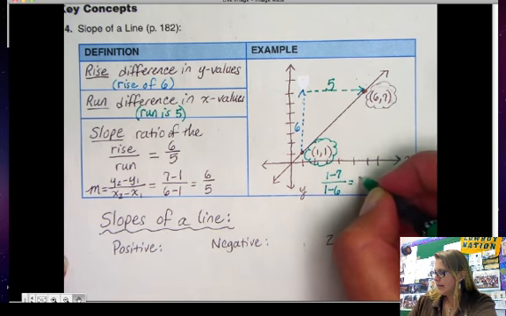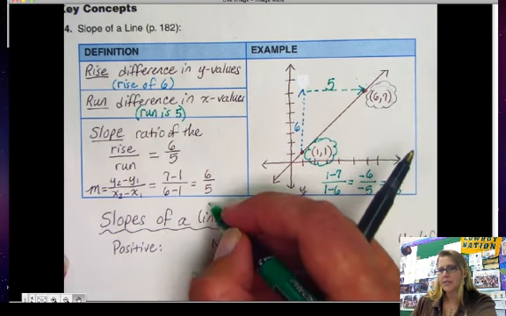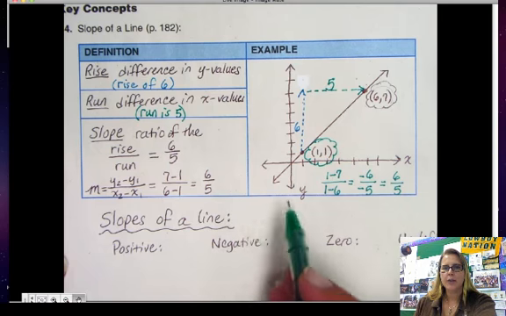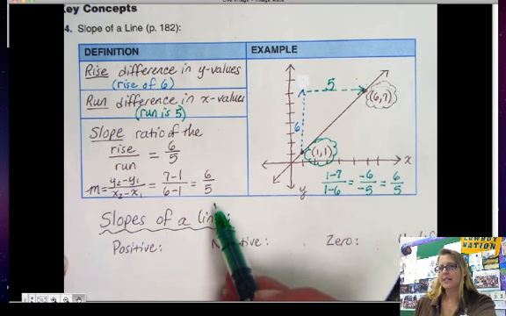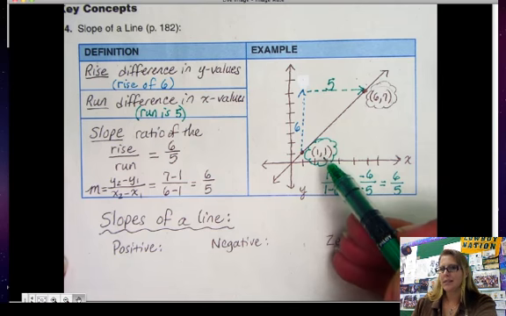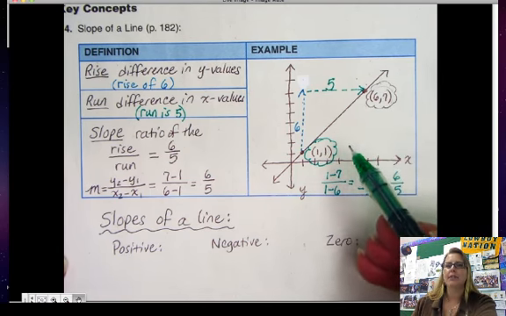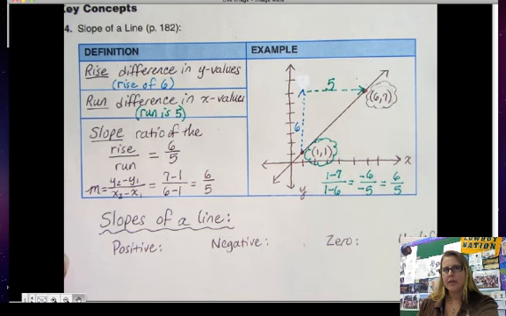Then I would get negative 6 over negative 5, but my answer is still the same, positive 6 over positive 5. So it does not matter which point you start with, as long as you do the same point on the numerator as you do on the denominator. So that's how you find the slope of the line.